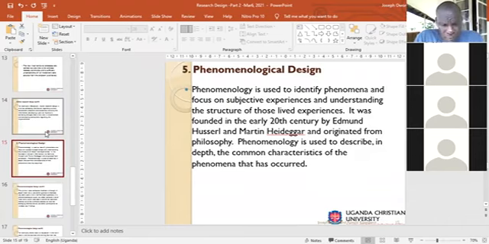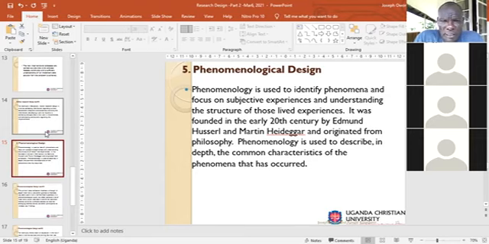Now we go to the fifth one, phenomenological design. It comes back again. It was mentioned earlier because we were talking about grounded theory. Now it comes out as its own design. Phenomenology is used to identify phenomena and focus on the subjective experiences and understanding the structure of those lived experiences.